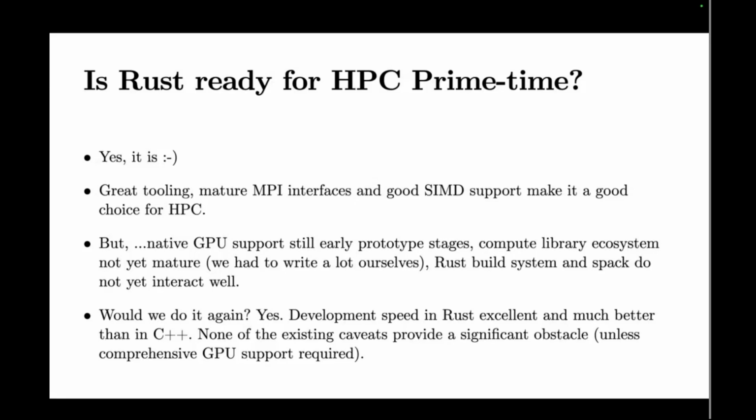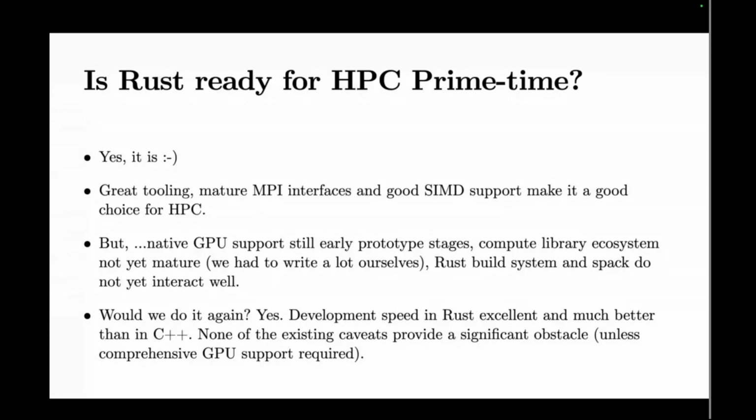But while this is in principle working as a prototype, it's still early stages, as early as alpha. If you talk to some Rust compiler developers, it will still take a little bit of time to get native GPU support. Until then, if you need GPUs, you have to link them in via C++ interfaces.